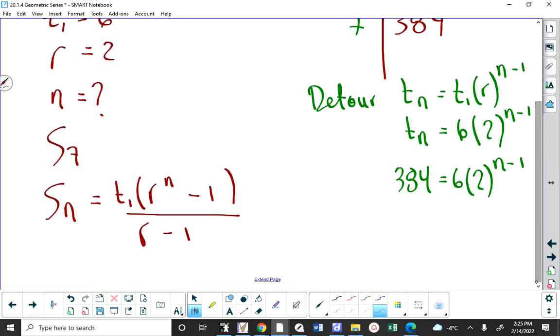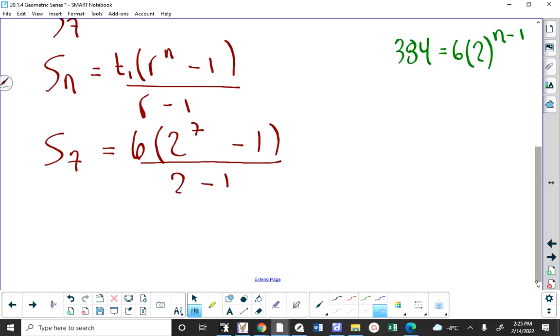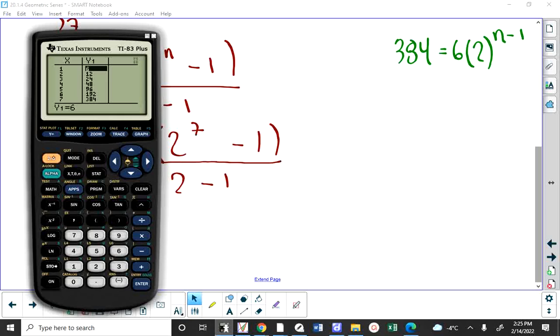This question, in fact, is no different than the previous question, except that we're using 7 instead of what I think was 13. First term is 6, the common ratio is 2. And we'll calculate what that is. By my count, it's 762.